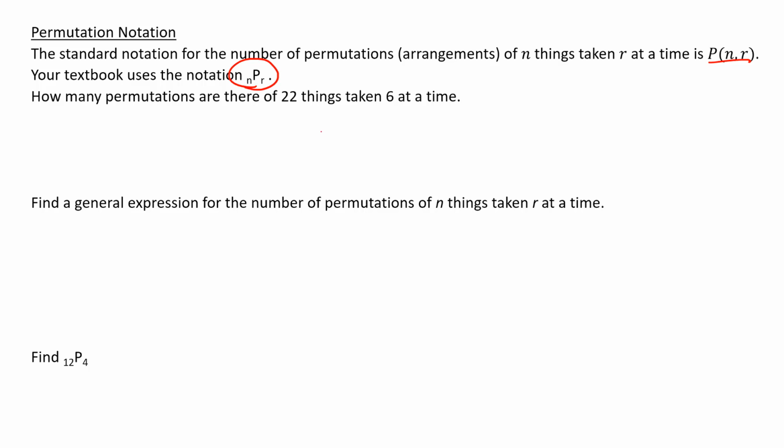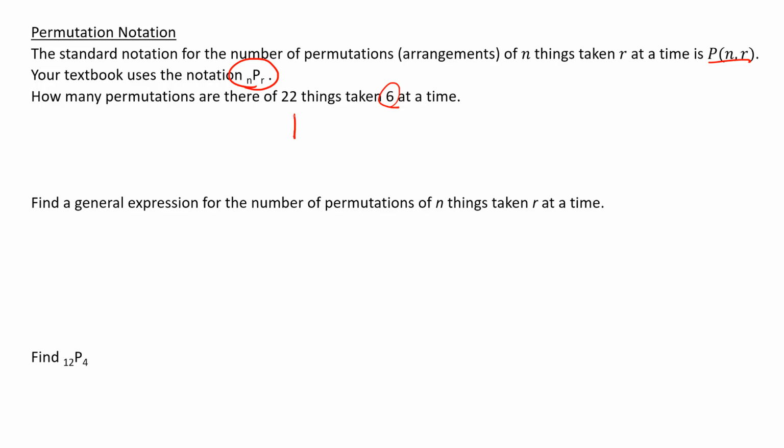So if we wanted to figure out how many permutations there are of 22 things taken 6 at a time, that means you've got 22 things and you want to know how many arrangements you can make of 6 of those things. You want to know how many possible arrangements you could do.